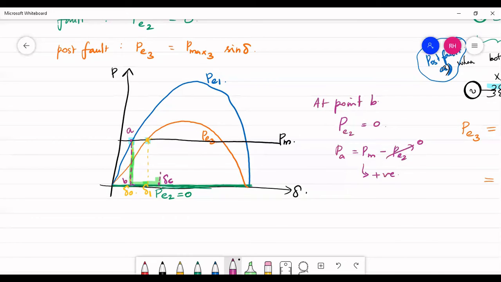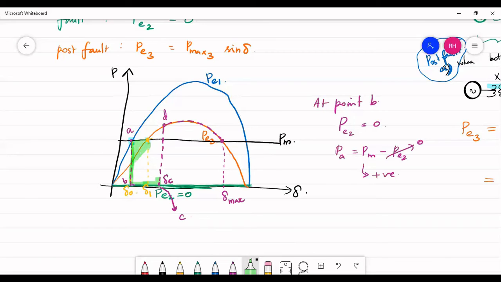As I clear the fault, the point shifts from point C to point D. So this corresponds to point C. From point C the point shifts to point D, but because of the stored kinetic energy, the rotor continues to accelerate till the stored kinetic energy is lost, and this point corresponds to the maximum possible angle beyond which stability is lost, and hence let me mark it as delta max.